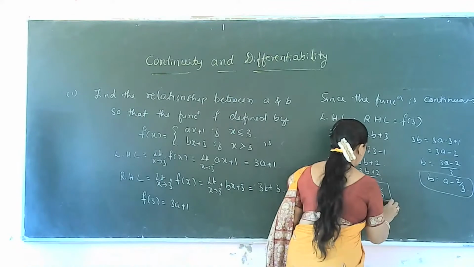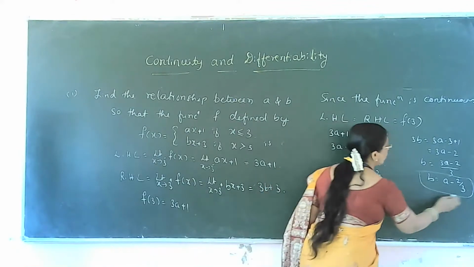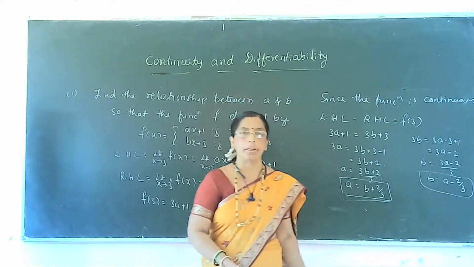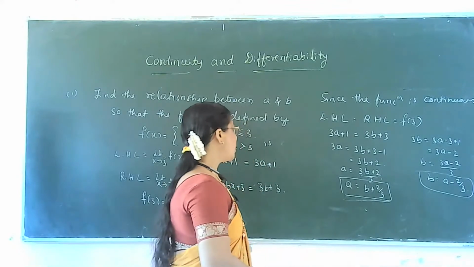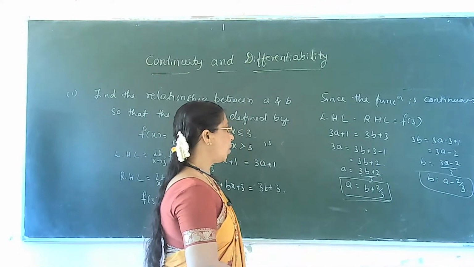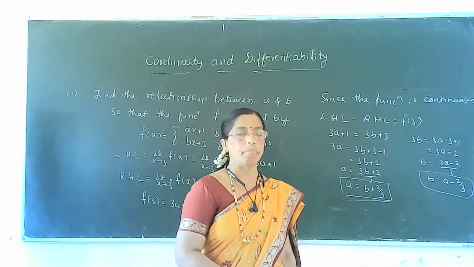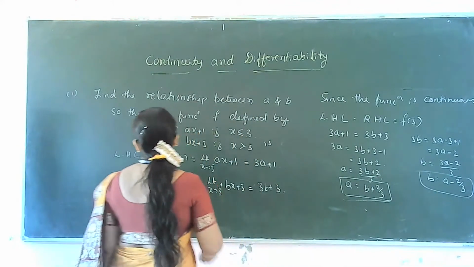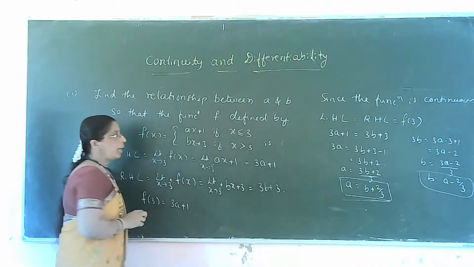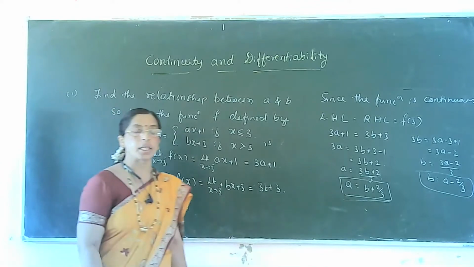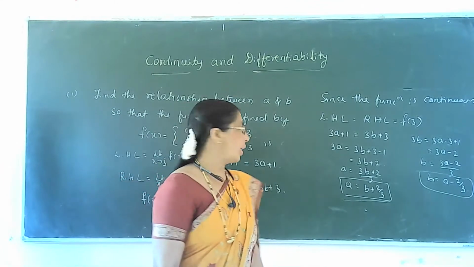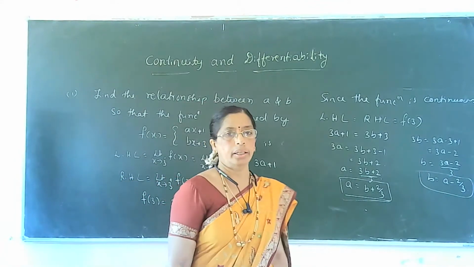You can write either relationship between A and B. A is equal to b plus 2 by 3, or b is equal to a minus 2 by 3, is the relationship between A and B if the function is continuous at x equal to 3.